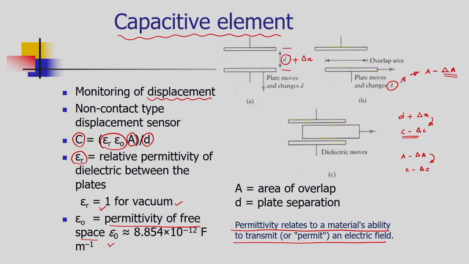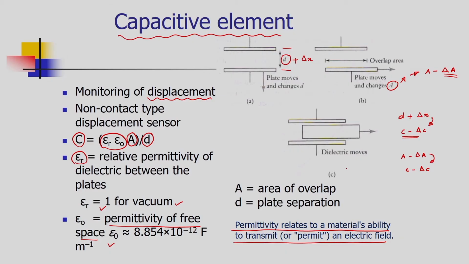So, let us consider one of these plates is attached to the mechanical element in our domain, then by changing the separation or by changing the overlap area, we can easily measure the change in capacitance. Of course, change in capacitance is the passive output that we are getting. We have to convert the change in capacitance into the change in voltage value.